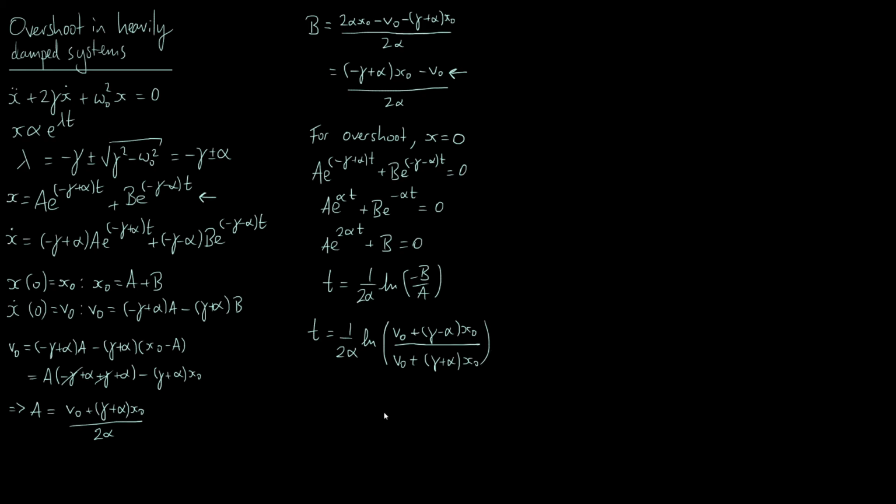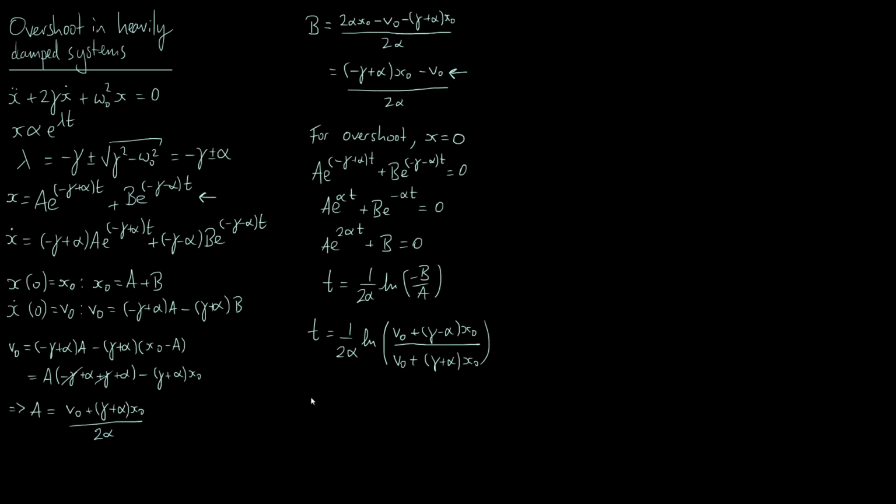Okay, so let's think about what condition this imposes on v0 and x0. In order for there to be a positive solution for t, we need to have the argument of the natural log being bigger than 1, right? Because log of 1 is 0. If you have a smaller number than 1, then the log is going to be negative.